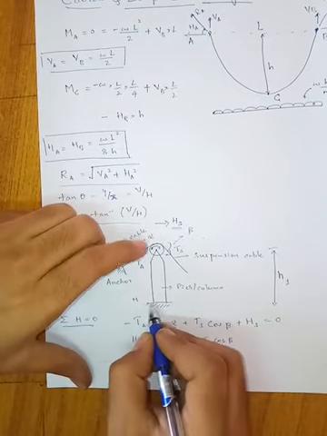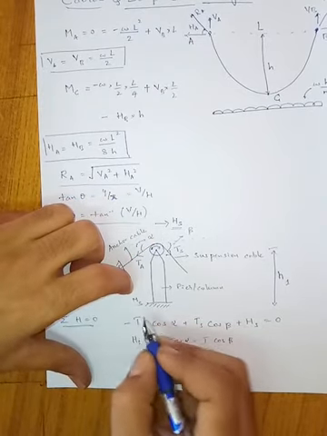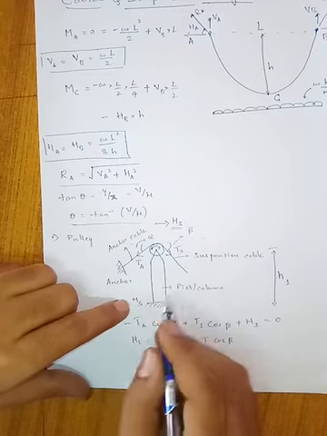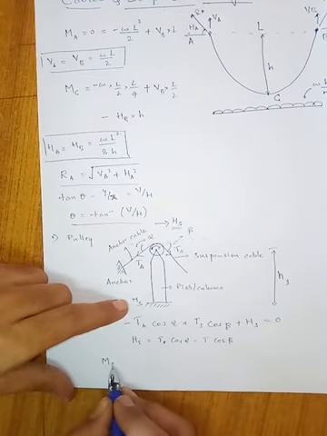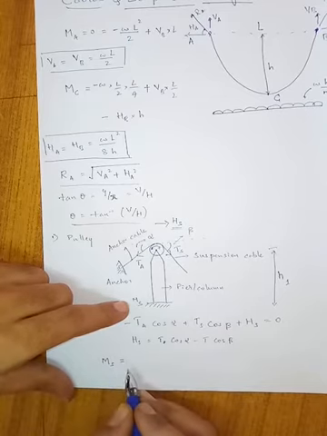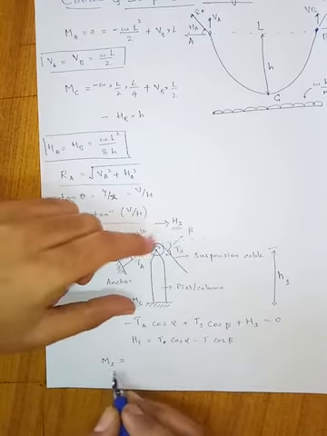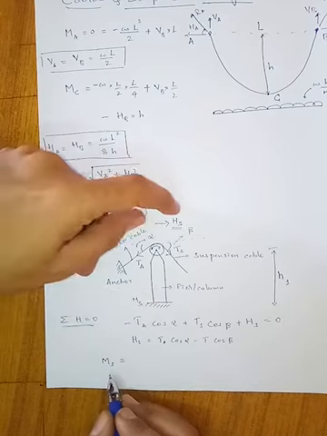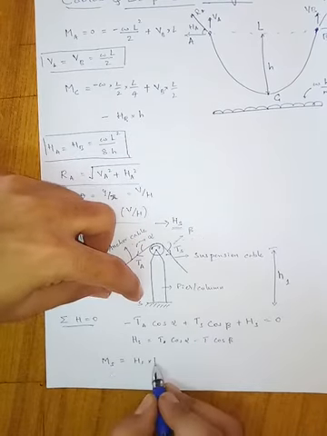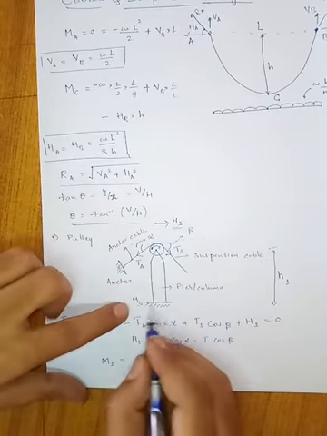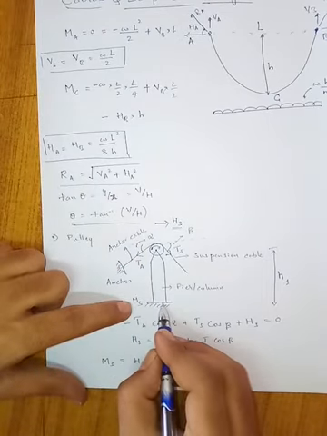I'll call this base support reaction MS. Moment is nothing but force into perpendicular distance. Here we have force HS into perpendicular distance H1. This is the moment generated at the base of the structure.